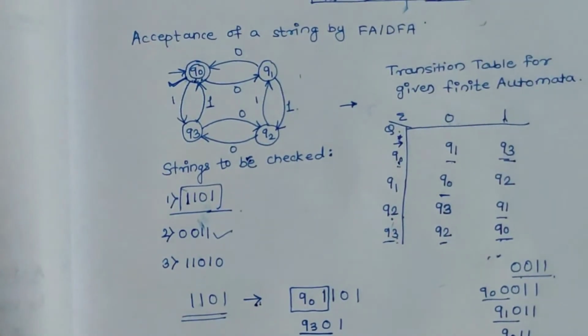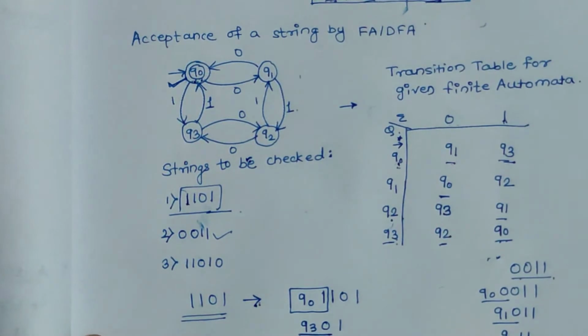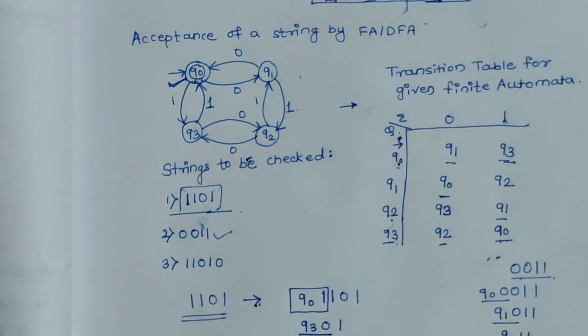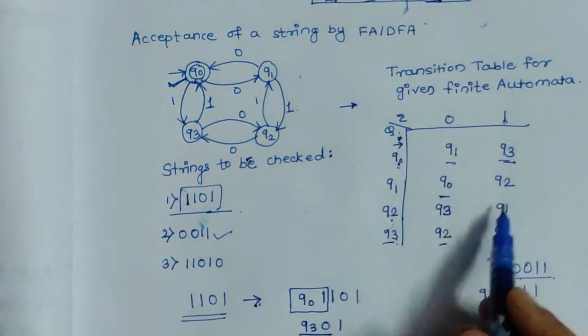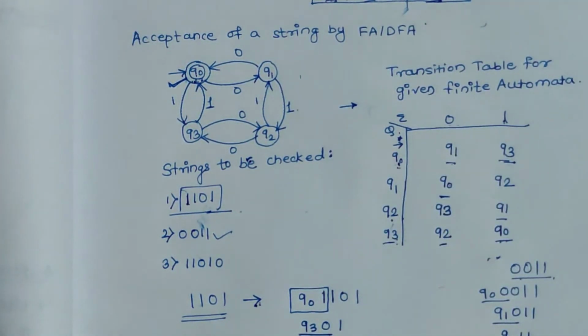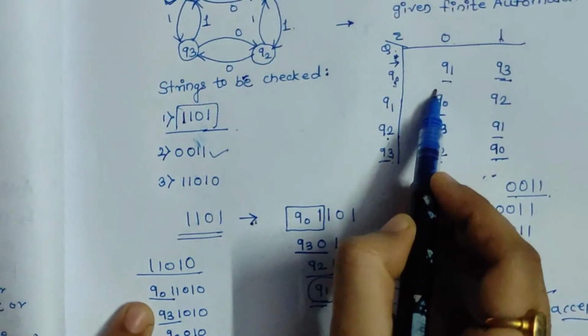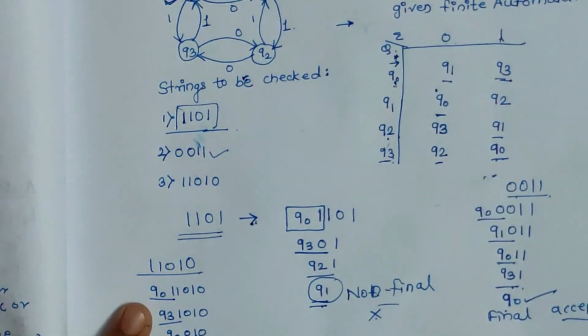One last example we will discuss, 11010. Here Q0 with 11010. Q0 with input 1 will go to Q3, with remaining input 1010. Q3 with input 1 will go to Q0, with remaining input 010. Q0 with input 0 will go to Q1, with remaining input 10.